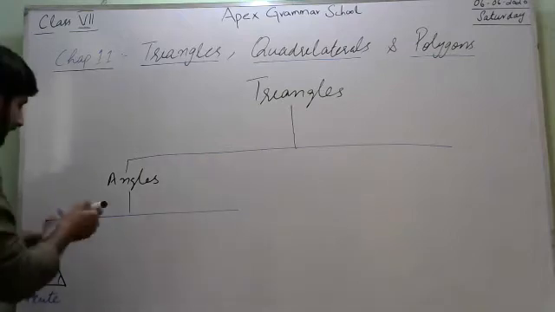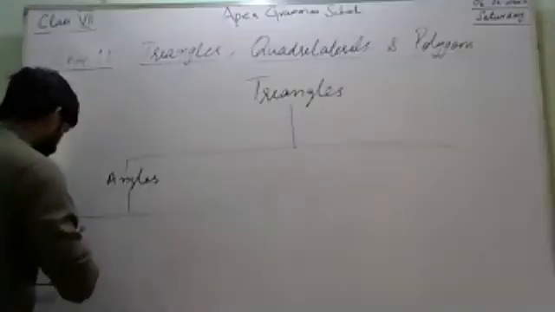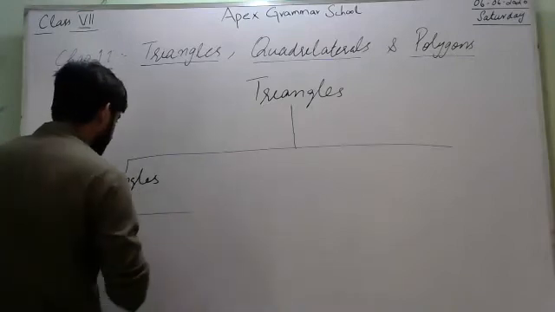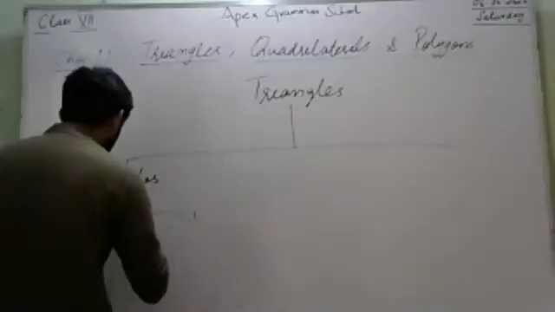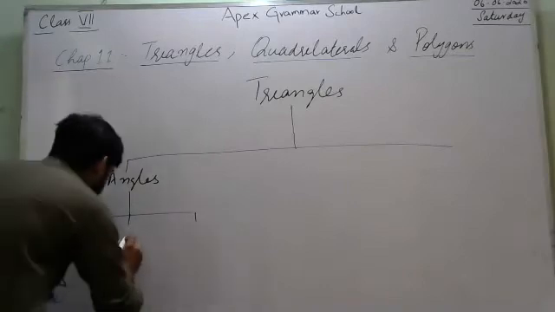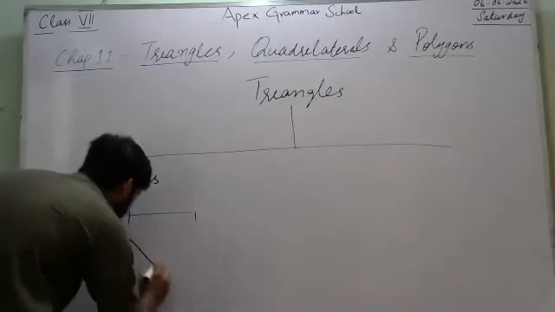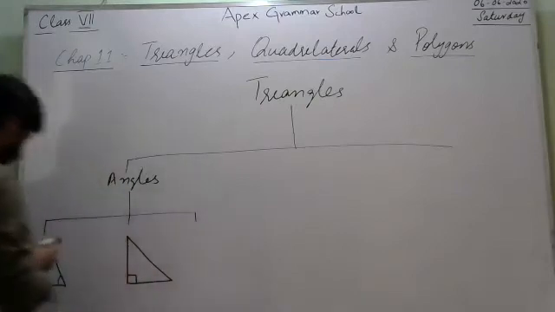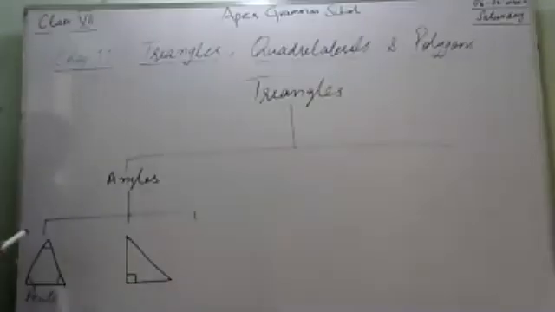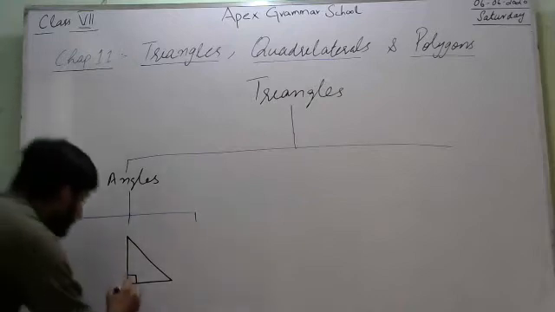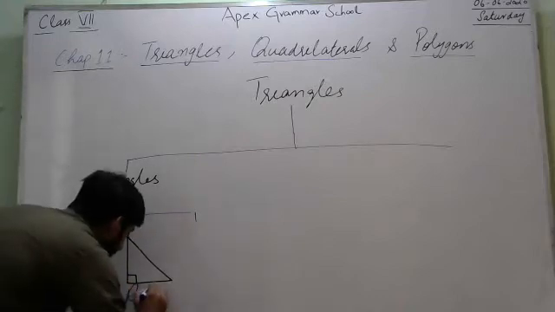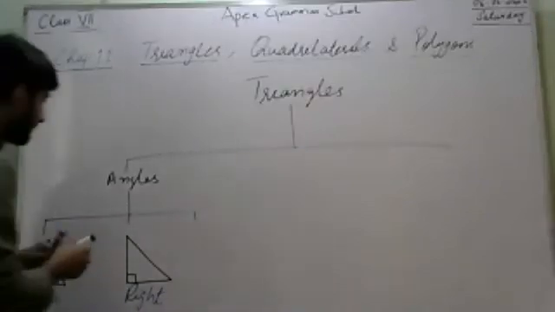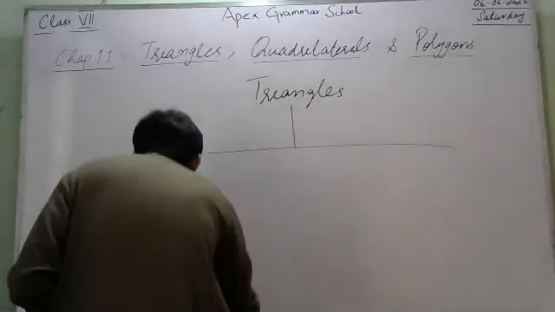Then the right angle triangle, having at least one angle equal to 90 degrees. This square box means this is a right angle triangle. And the last one is the obtuse triangle.